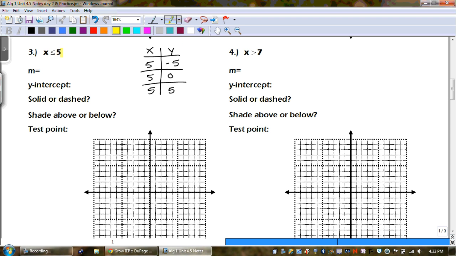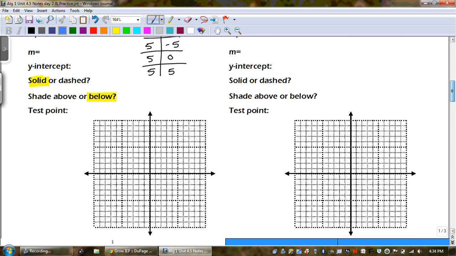I'm not sure about my slope or my y-intercept, so I'm going to wait a second on that. I know it's a solid line, and it's less than. If it's less than, that means I shade below, correct? All right, let's see what happens.